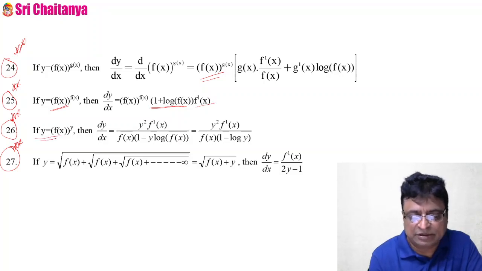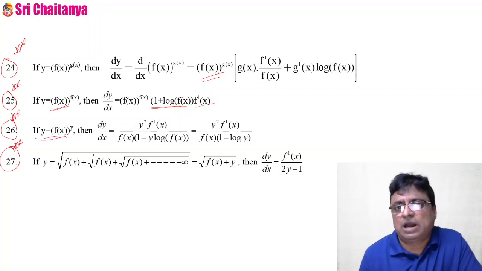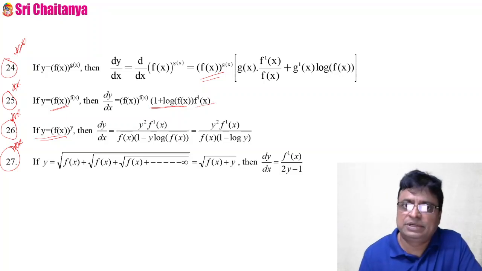Next, y equal to f of x whole power y, or I can write this as y equal to f of x whole power f of x whole power f of x whole power f of x and so on up to infinity. Both are same.